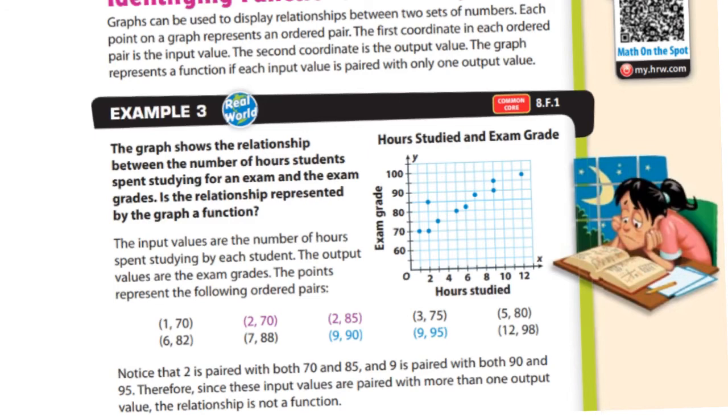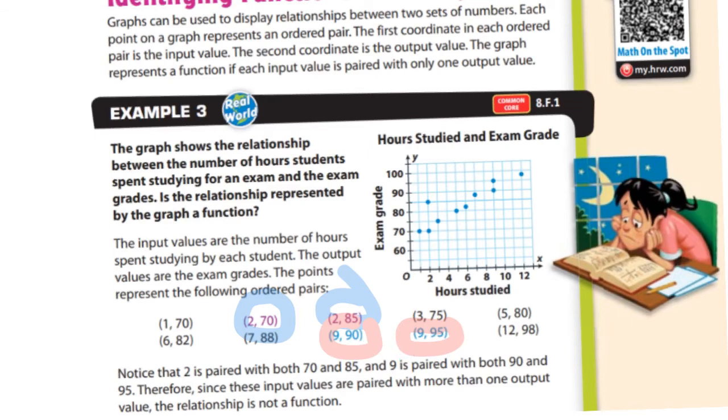You examine the X value. And what's discovered is that a 2 is used twice and a 9 is used twice. So that tells me this is not a function because an input value was put down twice. The 2's were used twice, as were the 9's.